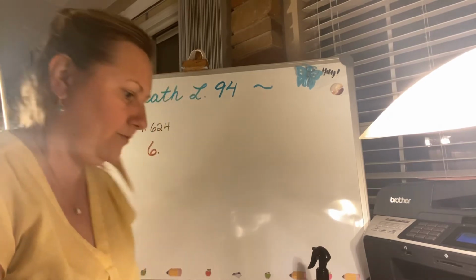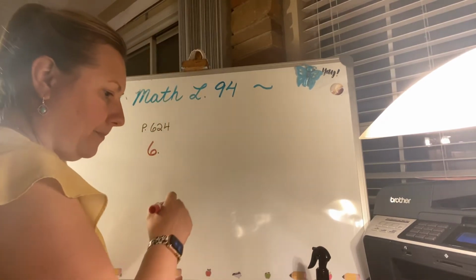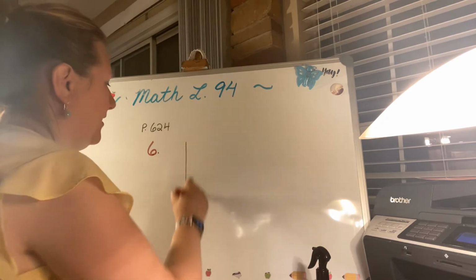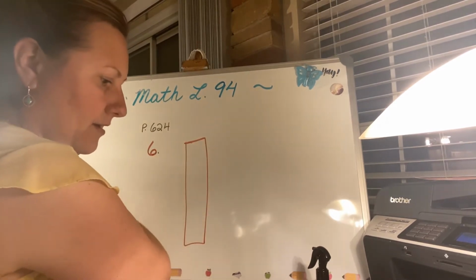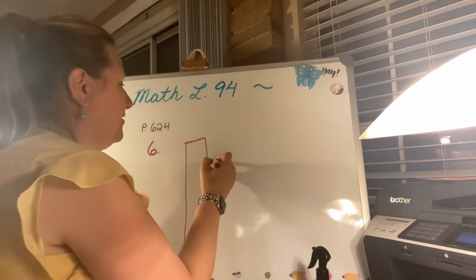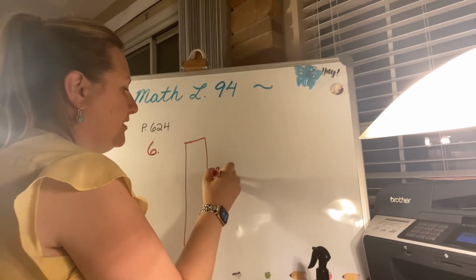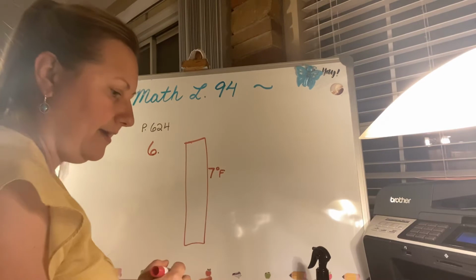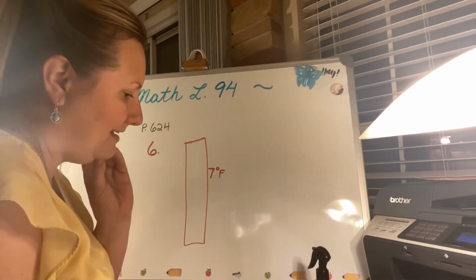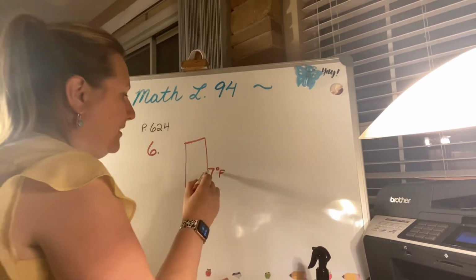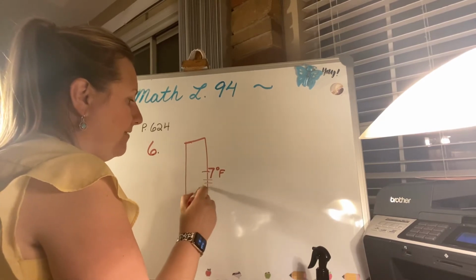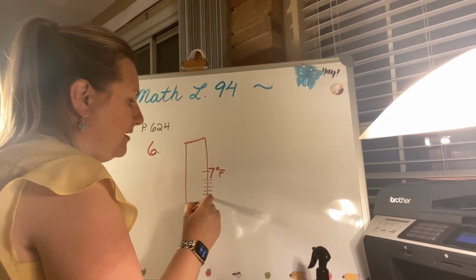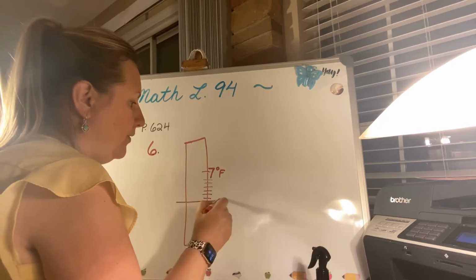Okay, so if we're looking at a scale, like a thermometer, we're talking about 7 degrees. Let's just put 7 degrees right here. And then we're talking negative 14. So let's say this is where 7 is. 7, 6, 5, 4, 3, 2, 1, 0.